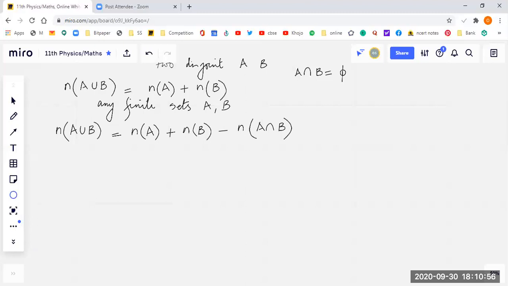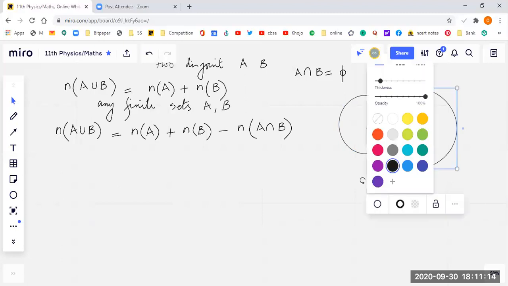Let's say this is set A and we have another set B. Let's say this is represented in red color.